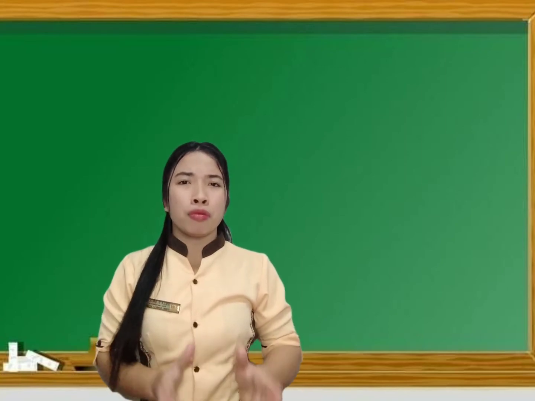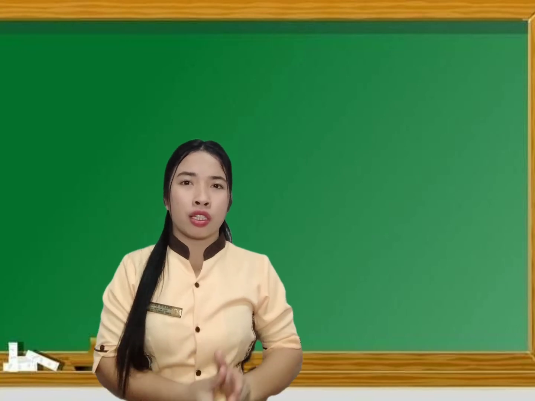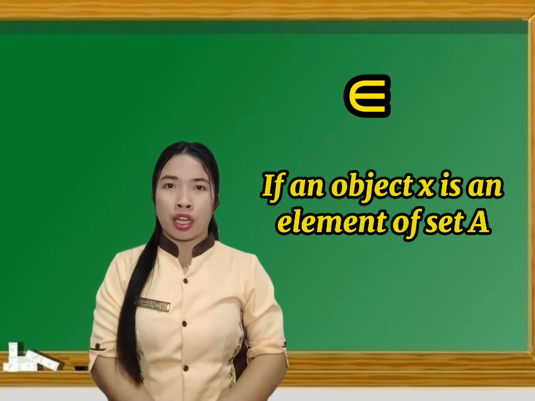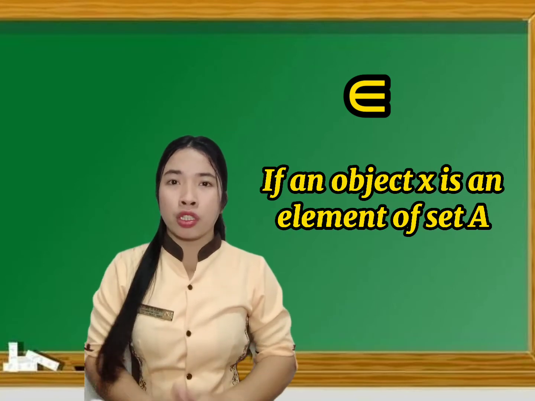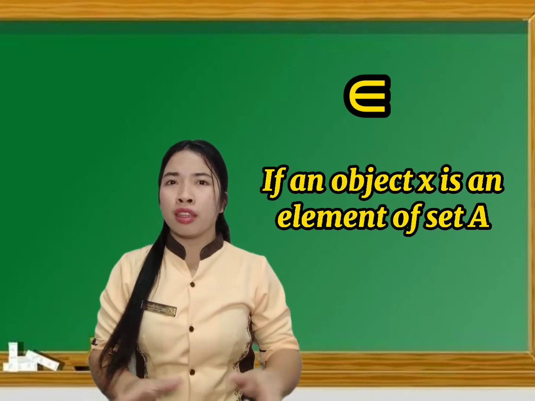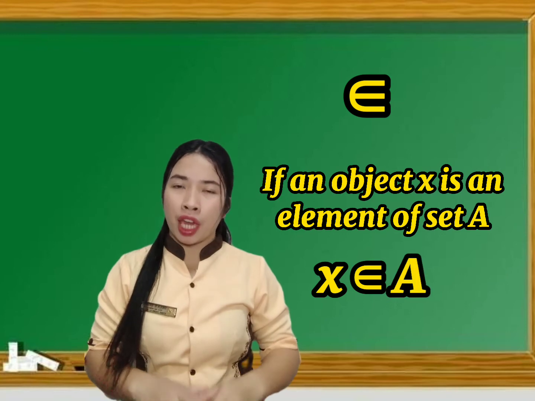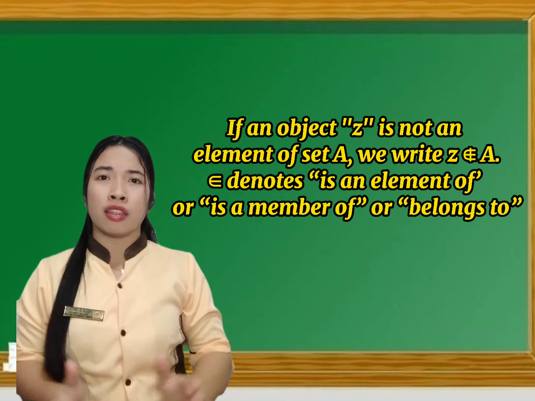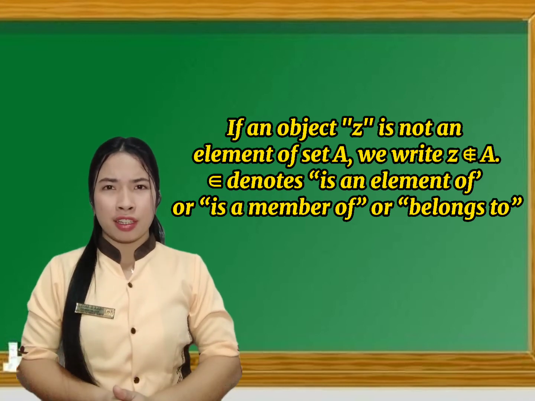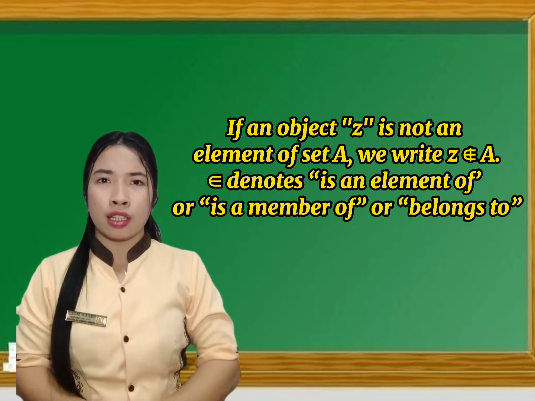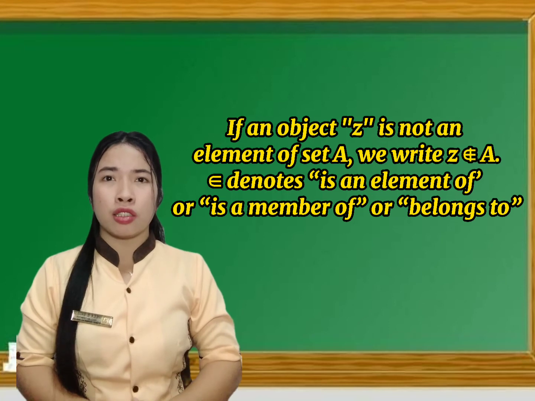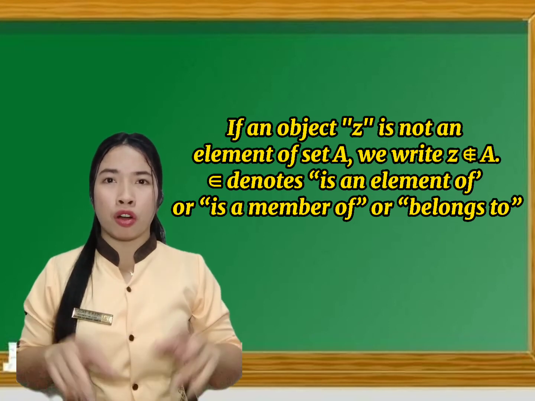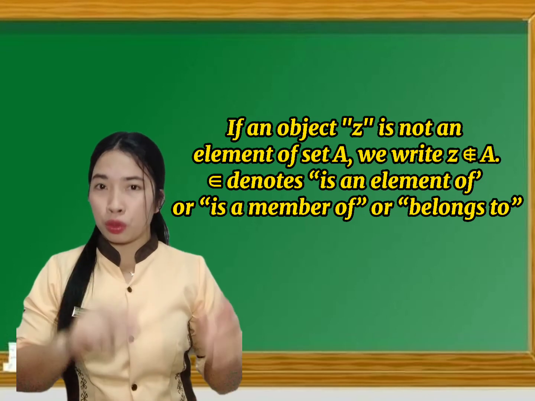We relate a number to sets using this symbol. If an object X is an element of set A, we can write that X is an element of A. If an object Z is not an element of a set A, we write that Z is not an element of A. The symbol means is an element of, or a member of, or belongs to.